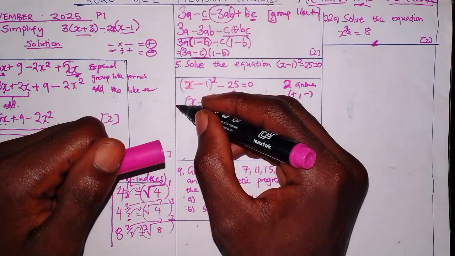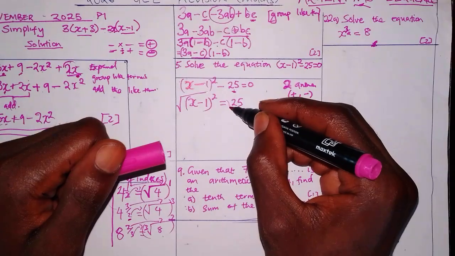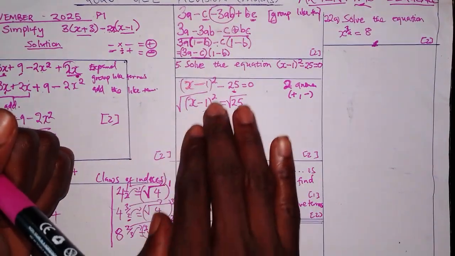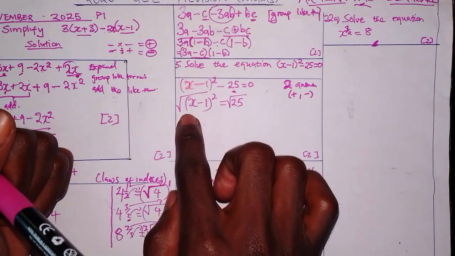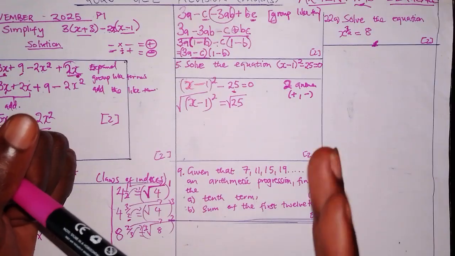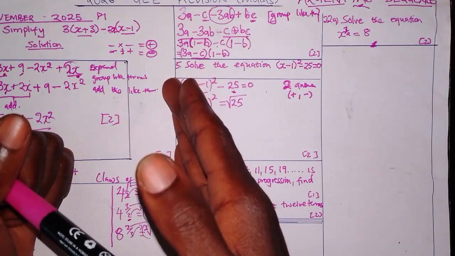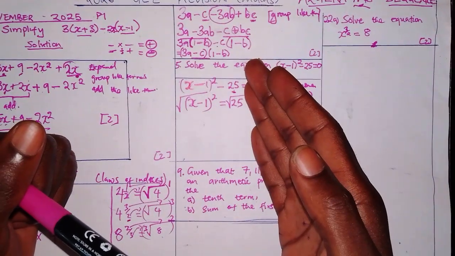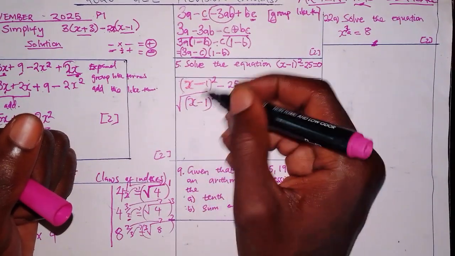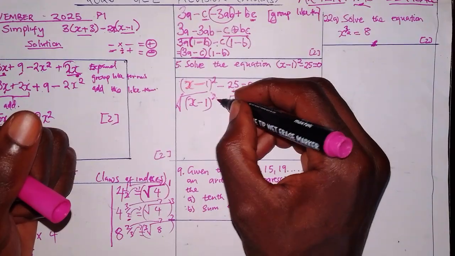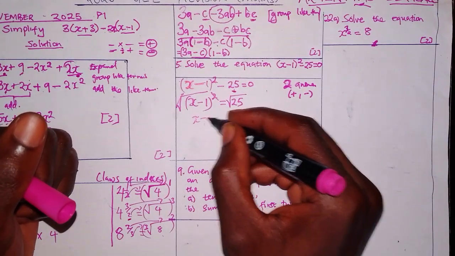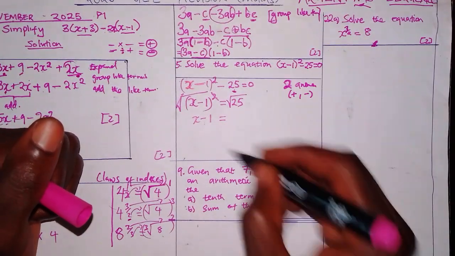Then now you can say the square root of both sides, because whatever you do on this side, you should also what? Do on the other side. This is the rule. Whenever you introduce a square root here, you also introduce a square root here. Yeah. Then the square root and the 2 will cancel. Then you say x minus 1 is equals to the square root of 25.